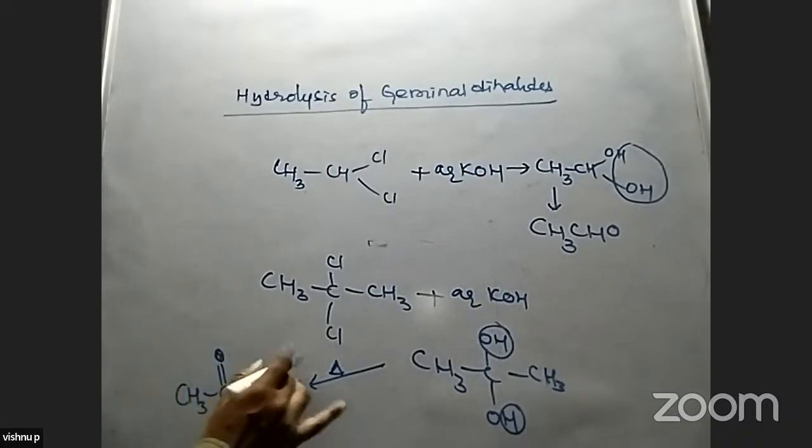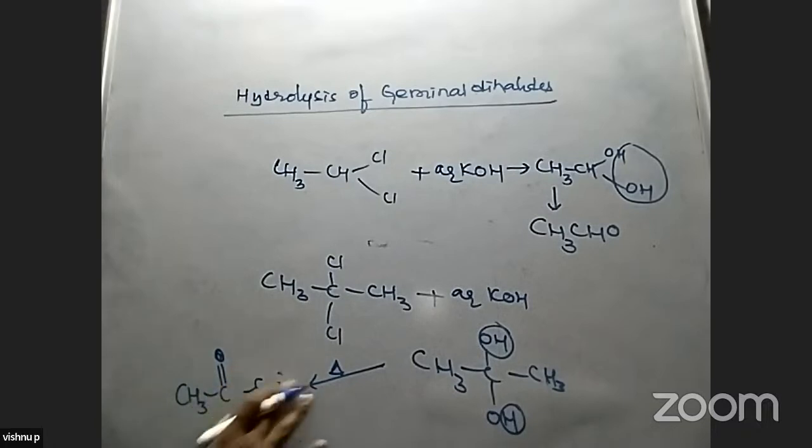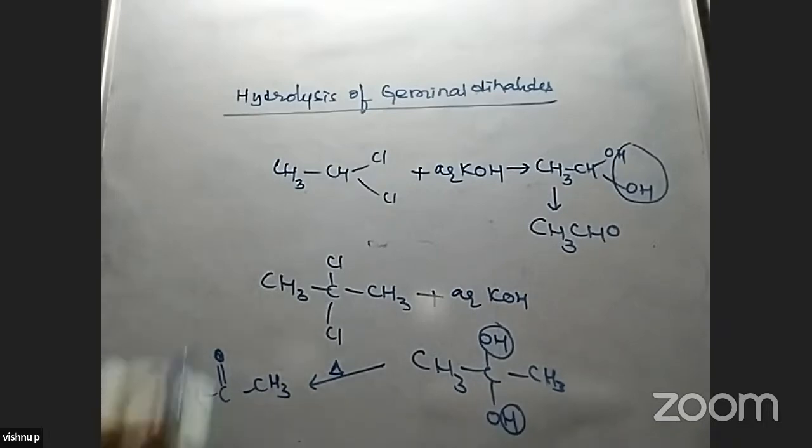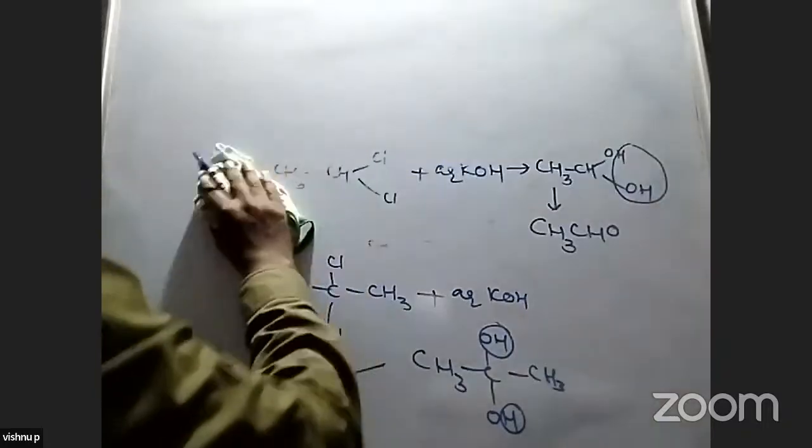So what type of compound is formed in this reaction? Here we get a ketone. Aldehyde or ketone is formed in these reactions depending on the structure. So this is the preparation method from geminal dihalides.